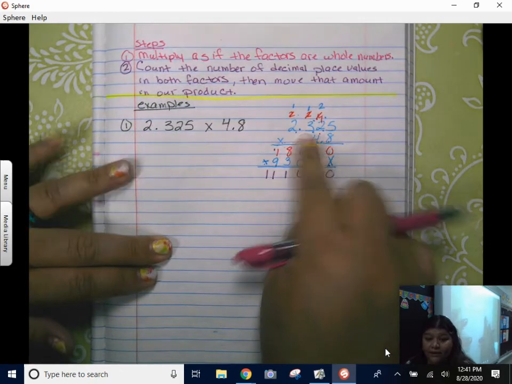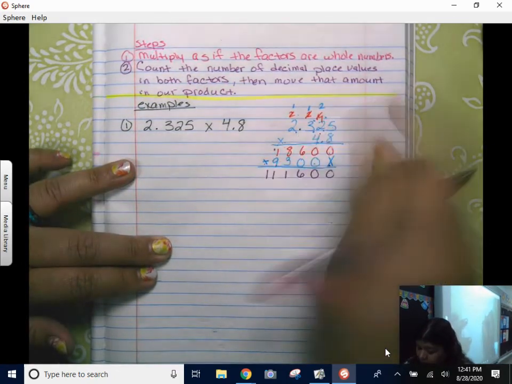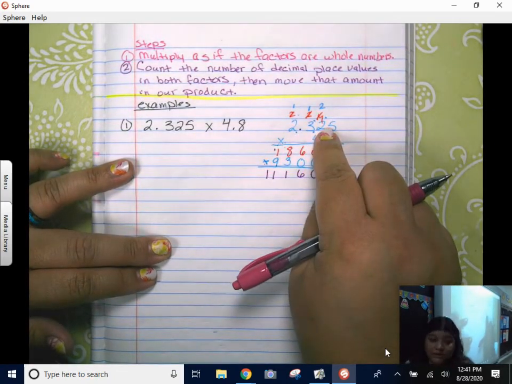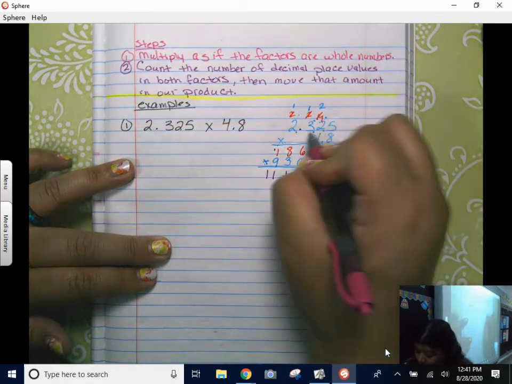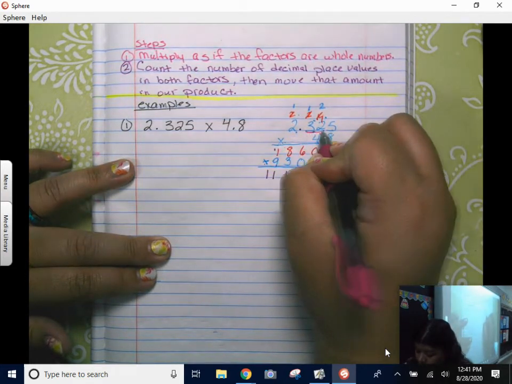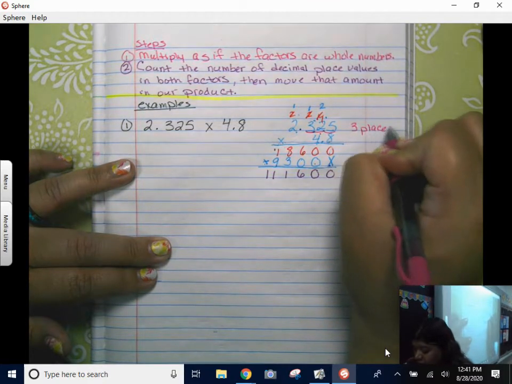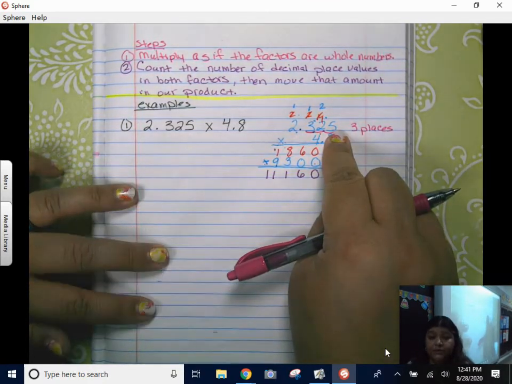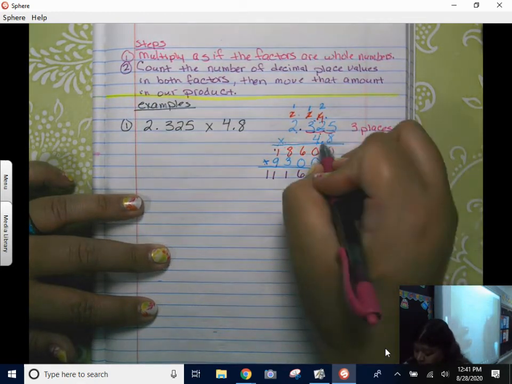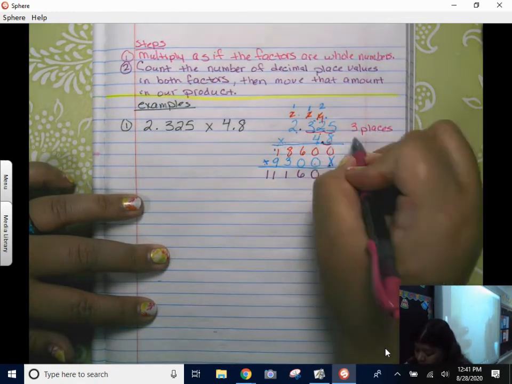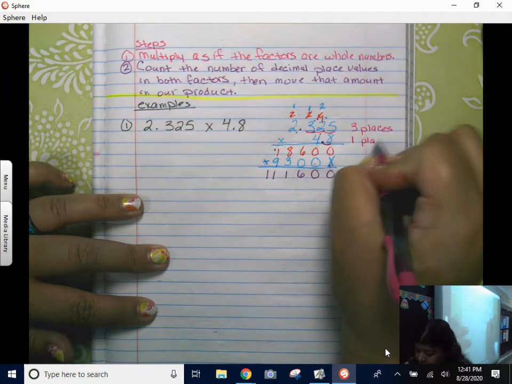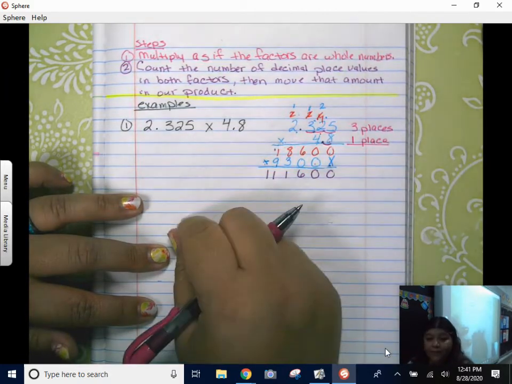So let's take the first factor here. Here's my decimal. Anything to the right, those are my decimal place values, okay? So I have 1, 2, 3. So I have 3 places on my first factor. Let's go with the second factor. Here's my decimal. I have 1 place, okay?